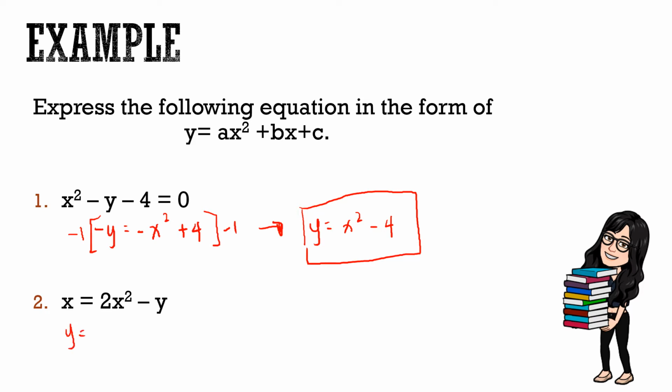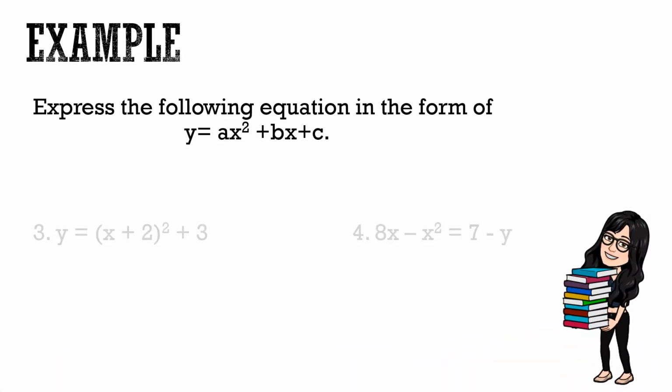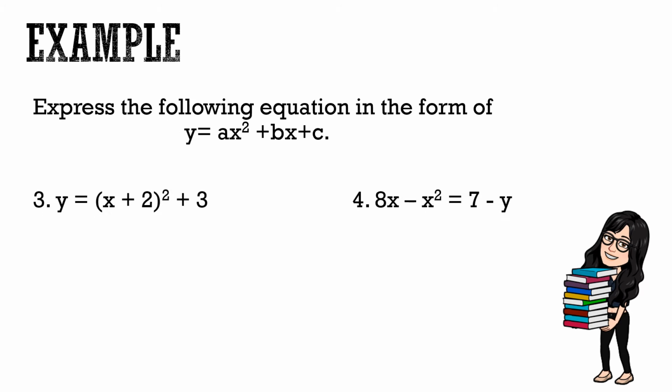Just simply copy 2x squared, and moving positive x to the other side will become negative x. Therefore, the final answer is y equals 2x squared minus x. Let's have examples 3 and 4.